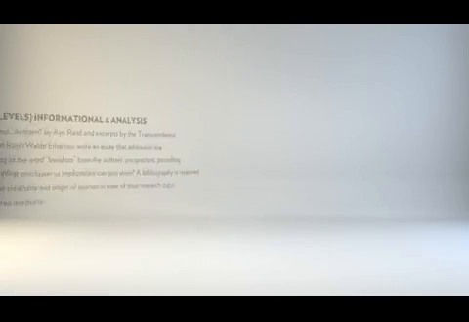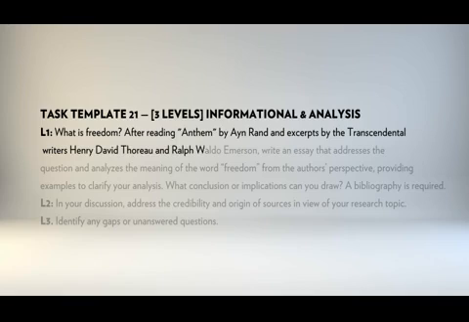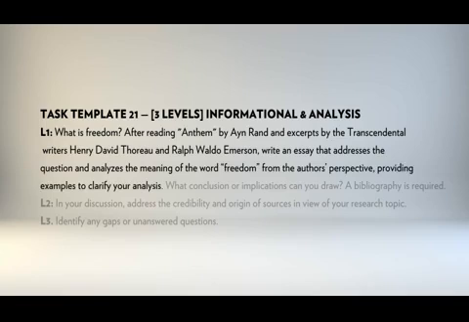Let's think about how the skills list works using this example from a high school English course. What is freedom? After reading Anthem by Ayn Rand and excerpts by the transcendental writers Henry David Thoreau and Ralph Waldo Emerson, write an essay that addresses the question and analyzes the meaning of the word freedom from the author's perspective, providing examples to clarify your analysis.